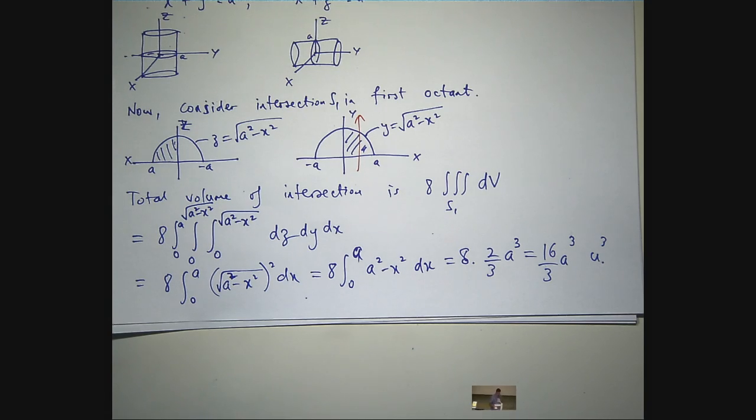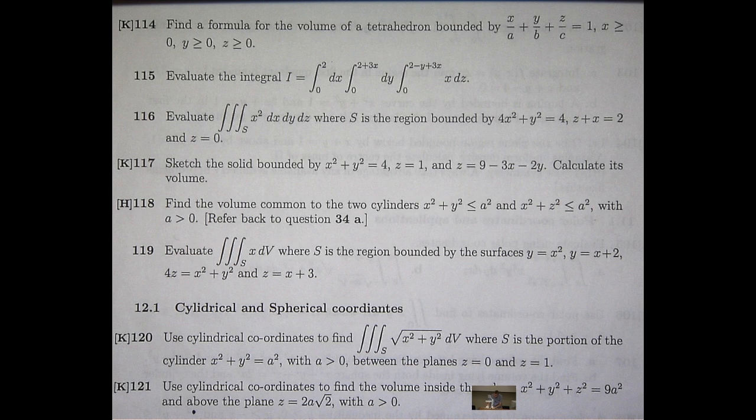I'm going to do one question on cylindricals. 120. Anyone done 120? Use cylindrical coordinates to find the value of this triple integral, where S, the region of integration, is the portion of the cylinder between these two constant planes.